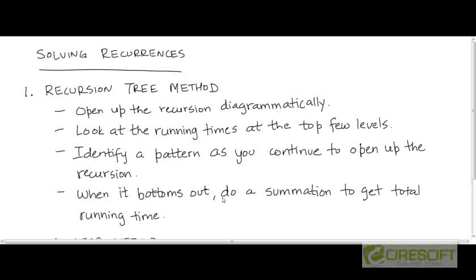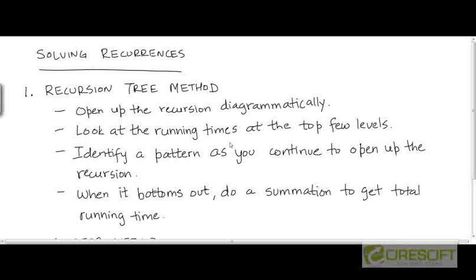So far, we have seen two methods for solving recurrence equations. The first method was the recursion tree method, where we take the recurrence equation and keep opening it up, or unrolling it, diagrammatically.